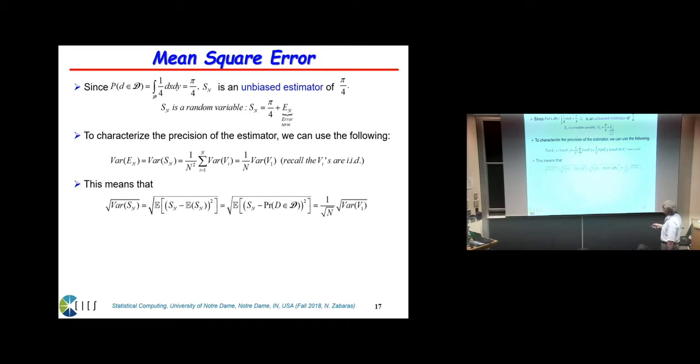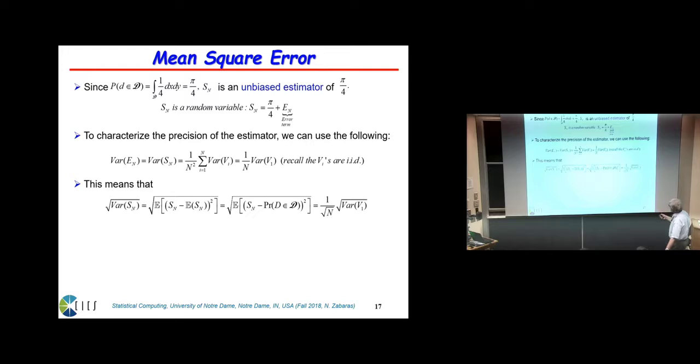The error, if you like, if you take the square of this variance, and I'm writing it analytically here, the variance is the expectation of the square of S minus the mean of S, okay? And you remember this is really our probability that we hit the circle. So this is equal to that.